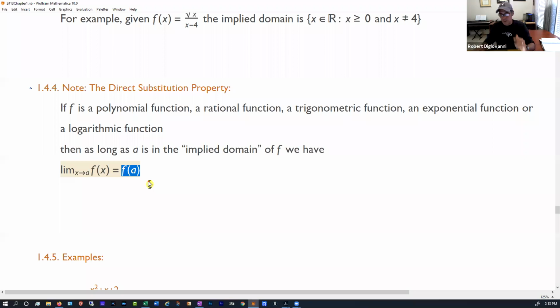So let me give you an example because this can make no sense. What if I take the limit as x approaches 2 of x cubed minus 2x plus 1?